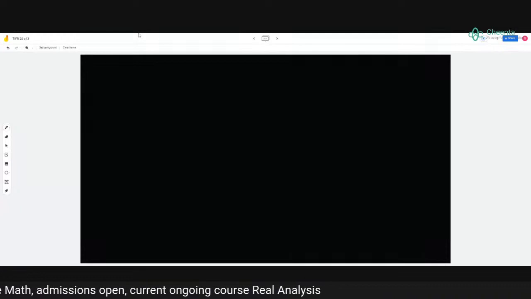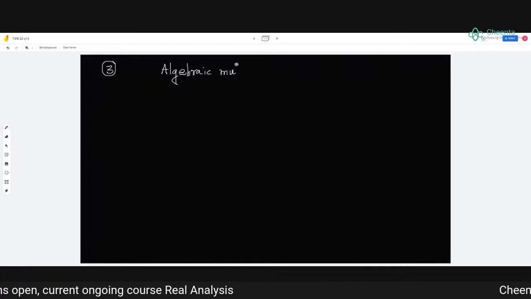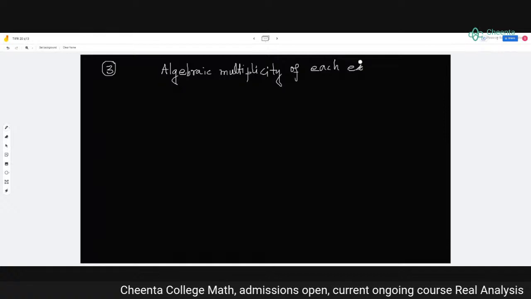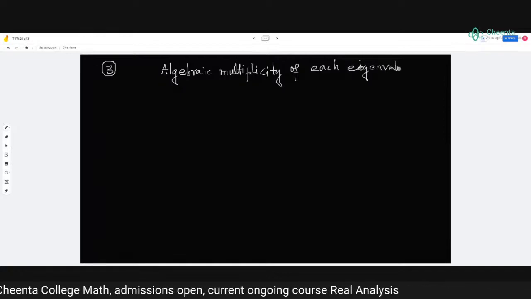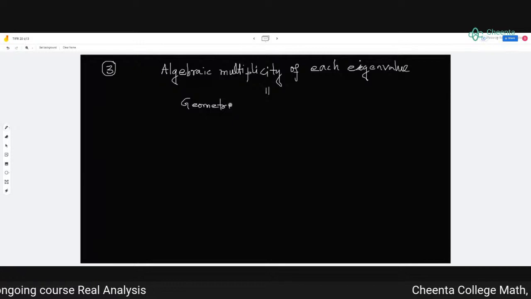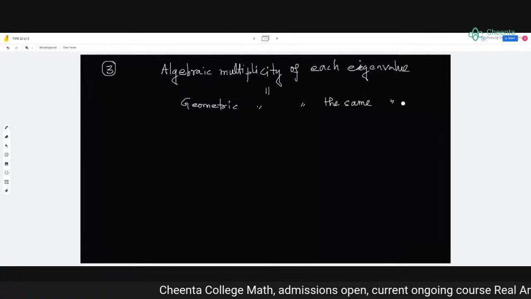And the last but not least is this: when can we say a matrix is diagonalizable? A matrix is diagonalizable if and only if the algebraic multiplicity of each eigenvalue is the same as the geometric multiplicity of the same eigenvalue.